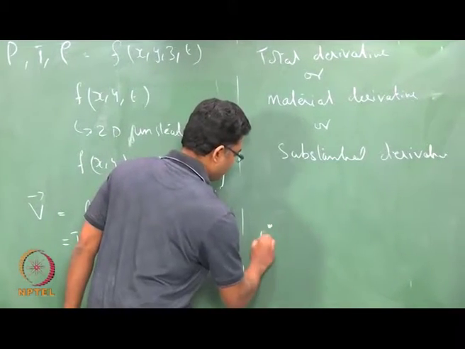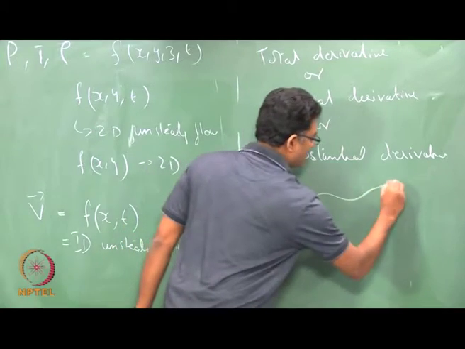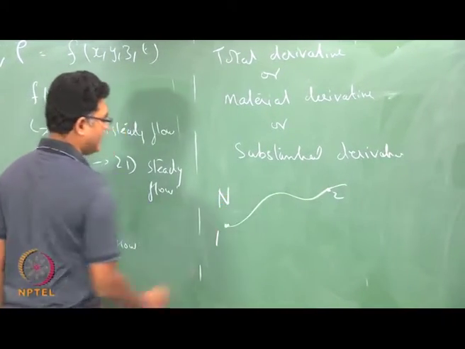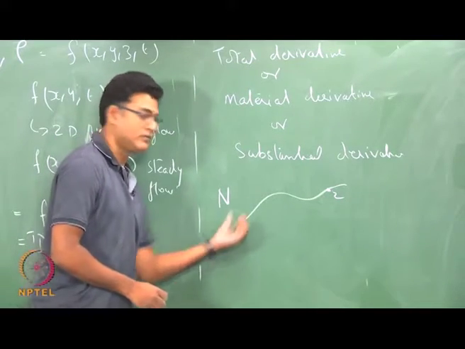So, from point 1 to 2, some property n changes from 1 to 2.